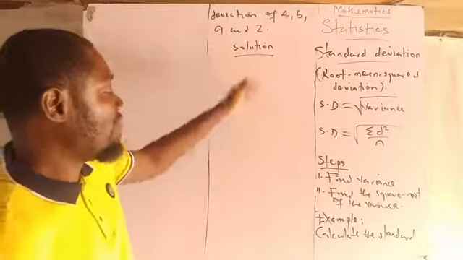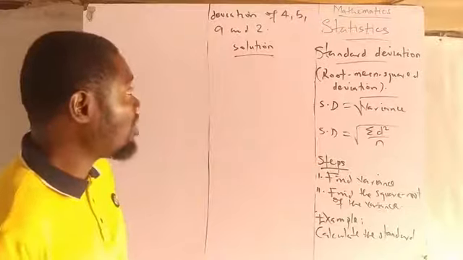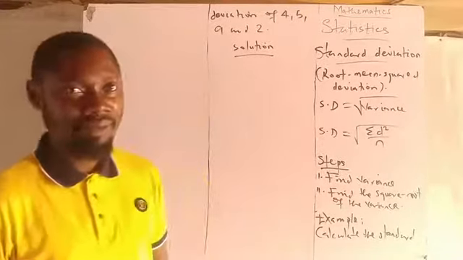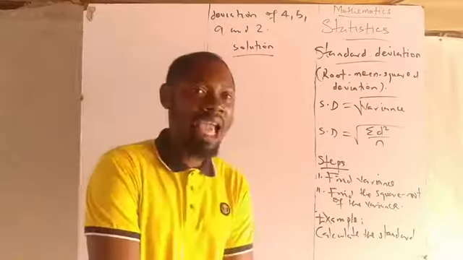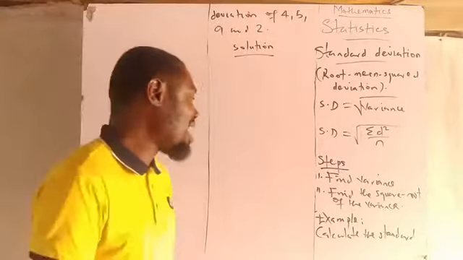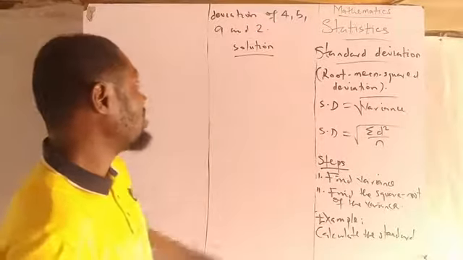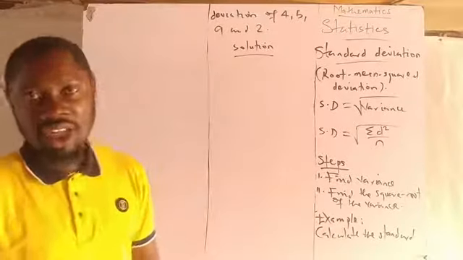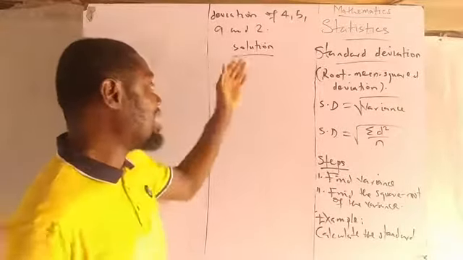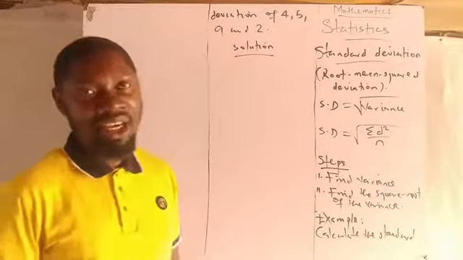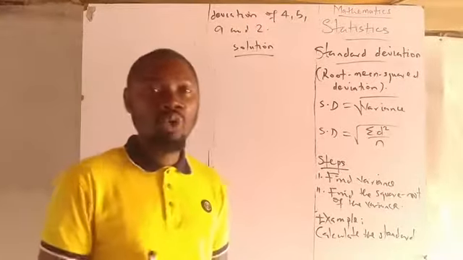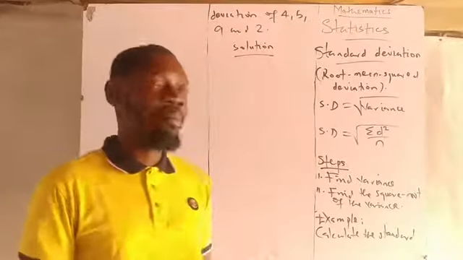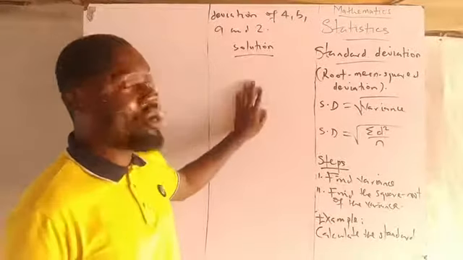For those writing WASSCE, the examiners already understand that before a child can calculate standard deviation, that child should know how to find mean, deviation and variance. So in one question, you end up doing a lot of mathematical concepts to arrive at the right answer.